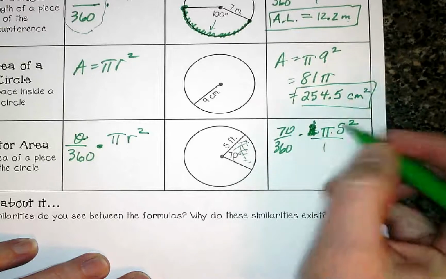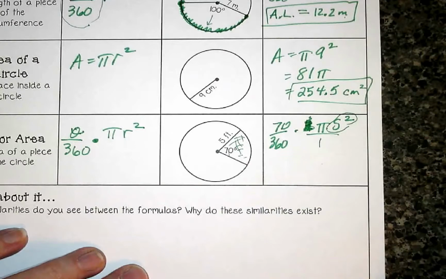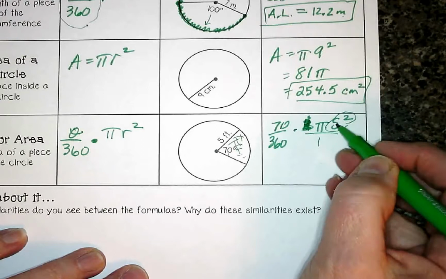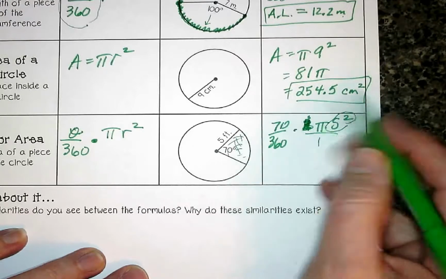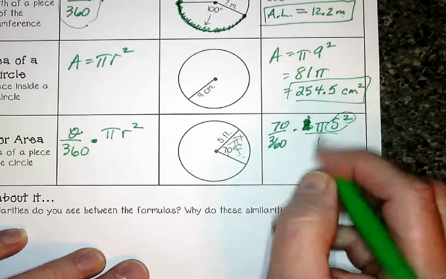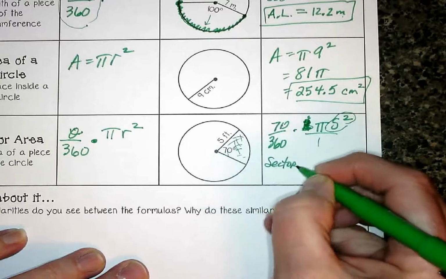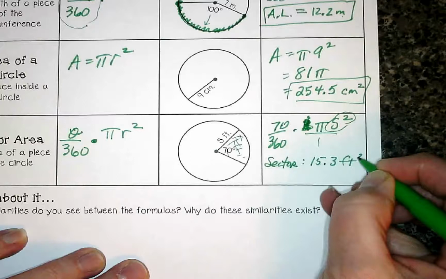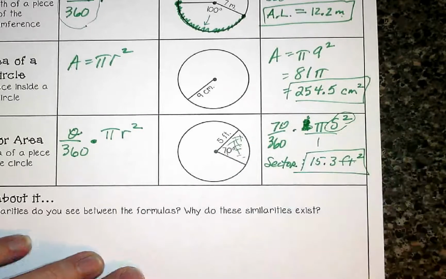I would probably suggest you do the exponent piece first, because otherwise things can get messy if you don't put them in the right order. So I would take 5 squared, or 5 times 5, 25, times 70 times pi. That result divided by 360. And when you do so, you get the area of the sector to be 15.3 square feet, because a sector is an area and our labeling needs to be square.